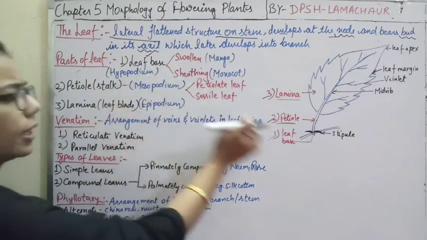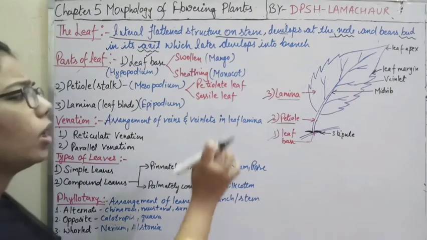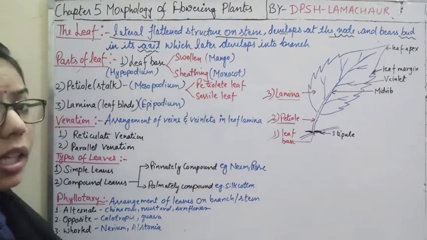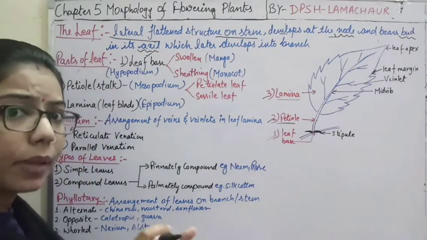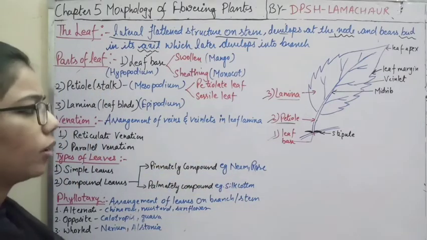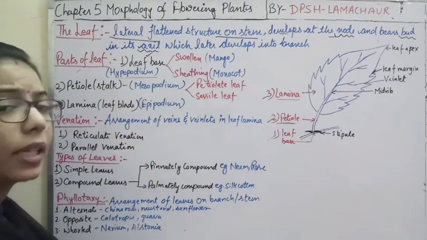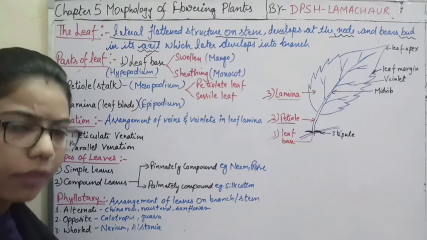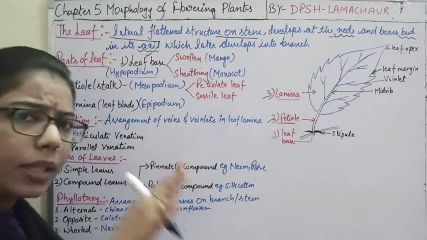The first is the leaf base, which arises from the base, the second is the petiole, and the third is the lamina. There are other names for these parts. As the leaf base is present in the lower part, we call it hypopodium, as we have done epicotyl and hypocotyl. Epi means above, hypo means lower.